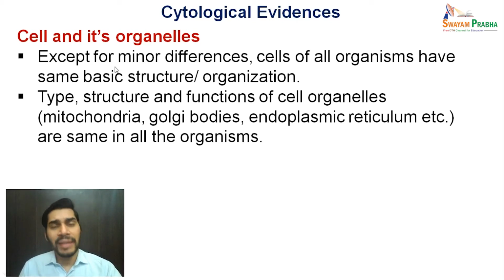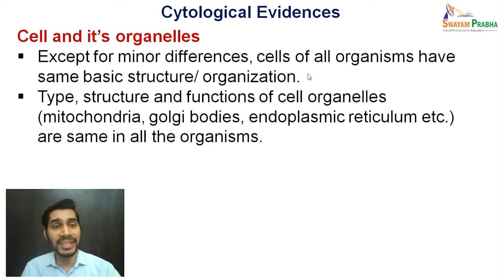If you compare the structure of cells across organisms belonging to different species or different genera and so on, except for minor differences, the basic structure and organization of all cell types is almost the same.